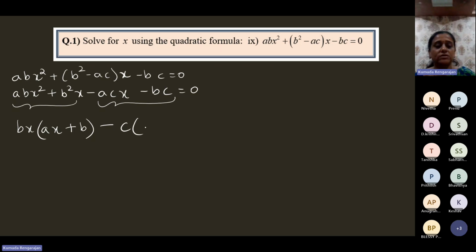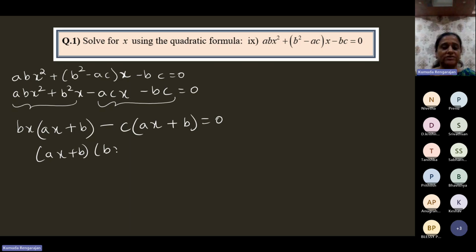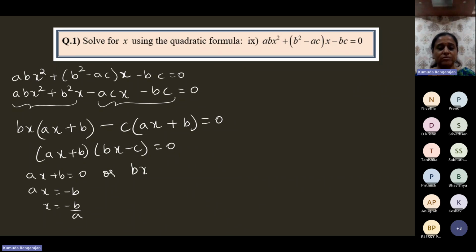So we have ax plus b into bx minus c is equal to 0. So ax plus b is equal to 0, ax is equal to minus b, x is equal to minus b by a. Or bx minus c is equal to 0, bx is equal to c, x is equal to c by b.